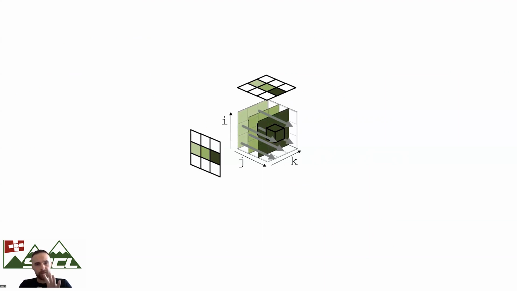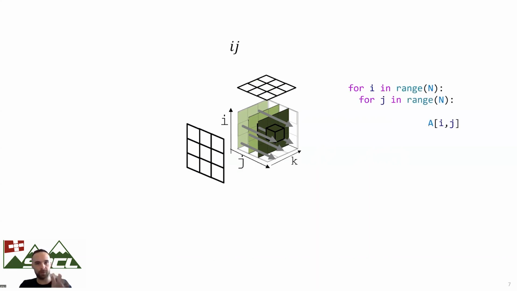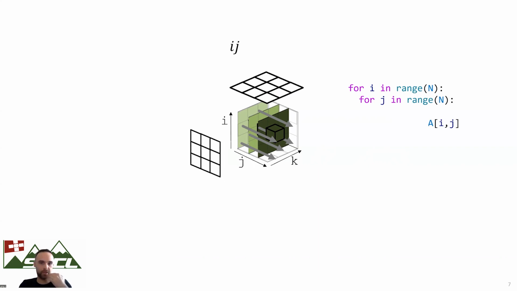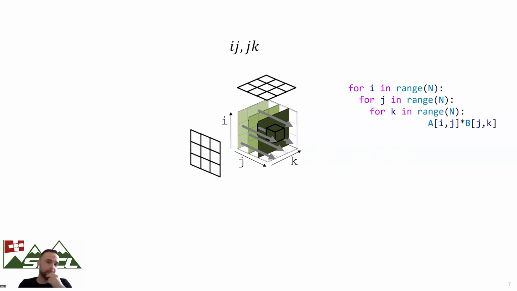So all such computations can be succinctly represented by taking the first matrix, first input, which is projected on this ij plane, and we write ij. Then we take another input, and this other input matrix is the projection on this jk plane, and the output that we write after the arrow is this matrix that is projected on this ik plane.